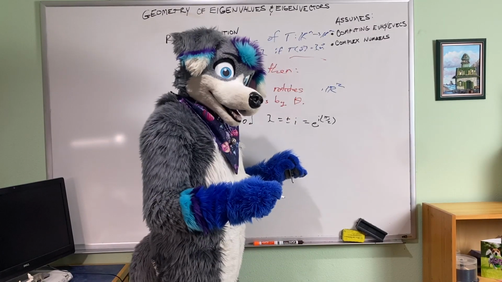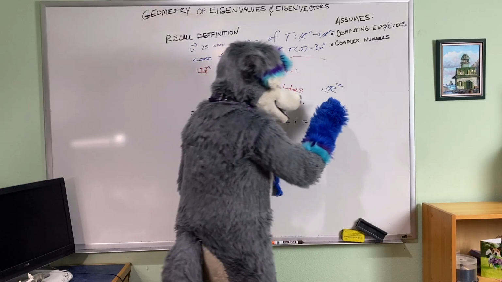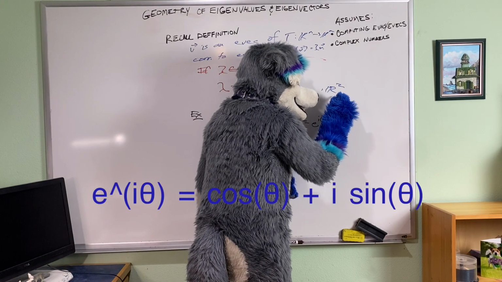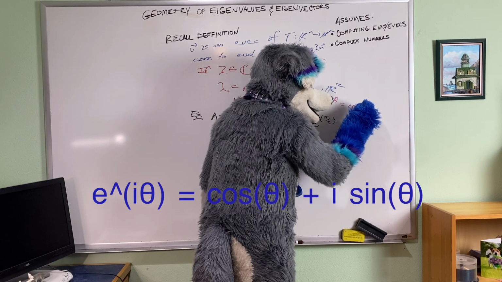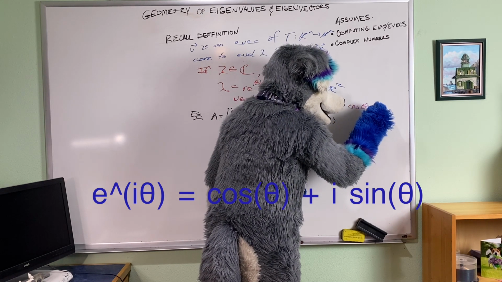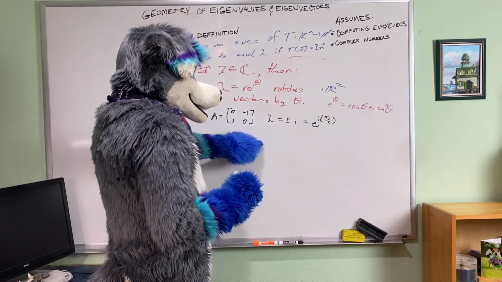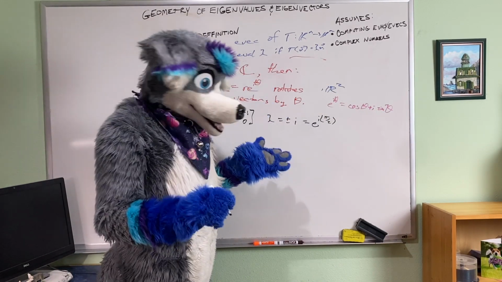Just a quick little reminder about why that is: it's because e to the i theta equals cosine theta plus i sine theta. But in any case, you compute this, and it corresponds to some eigenvector.